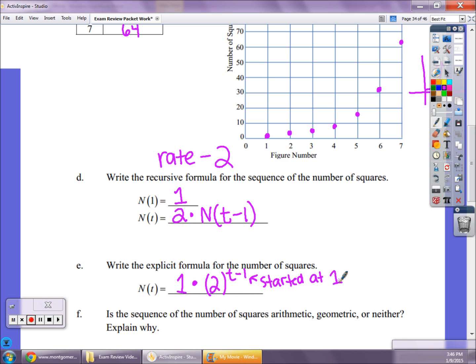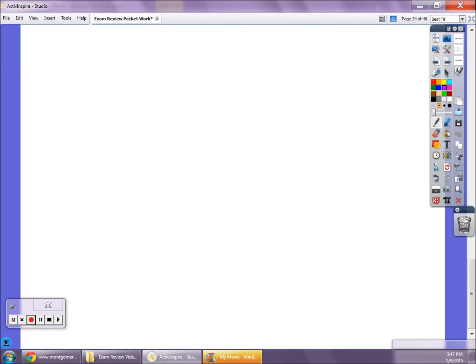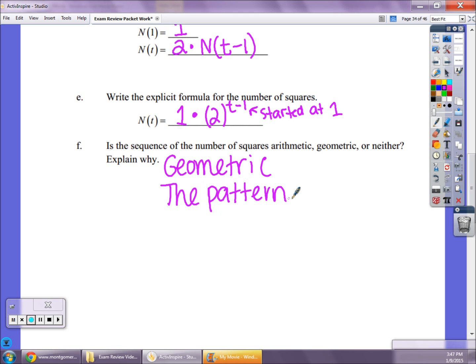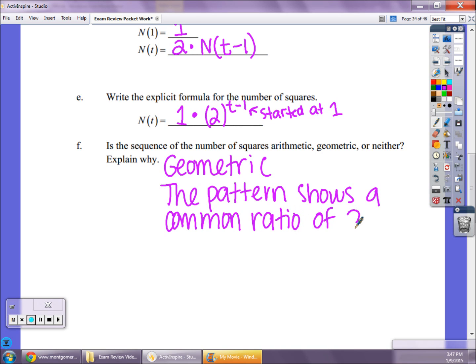Okay. Is the sequence of the number of squares arithmetic, geometric, or neither? Explain why. Well, we already answered that question, didn't we? We figured out that this pattern was geometric. The pattern shows a common ratio of 2.